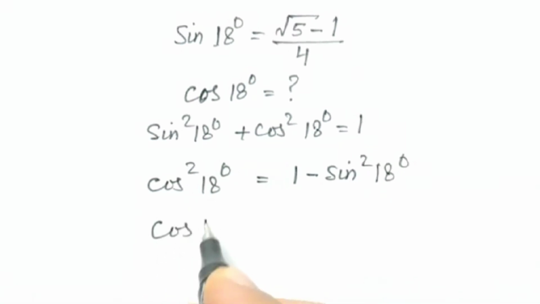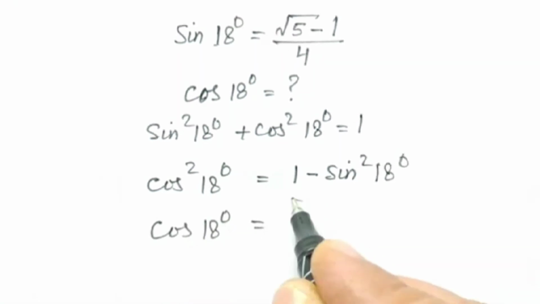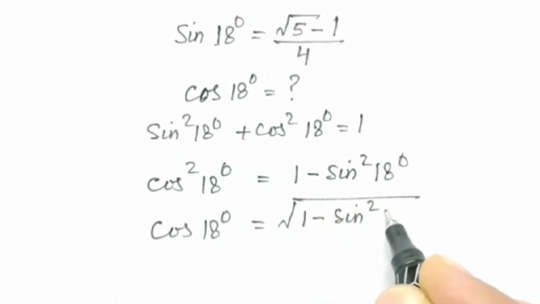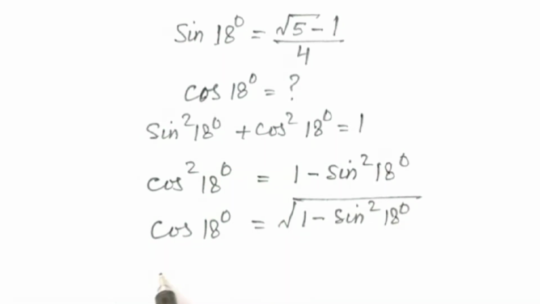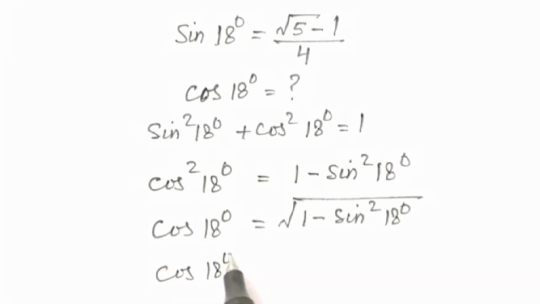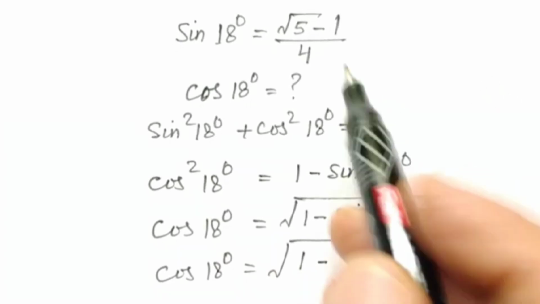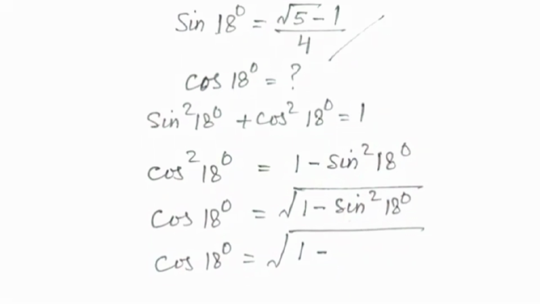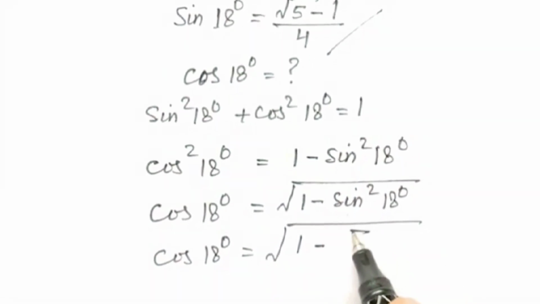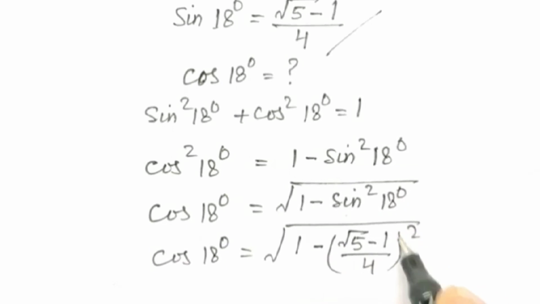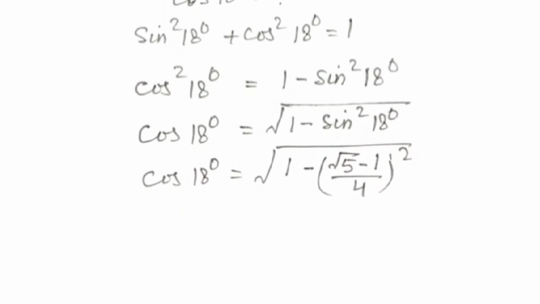So cos 18 degree will be equal to square root of 1 minus sin square 18 degree, right? So cos 18 degree is equal to square root of 1 minus, sin 18 degree is this, square root of 5 minus 1 over 4 whole square, right?